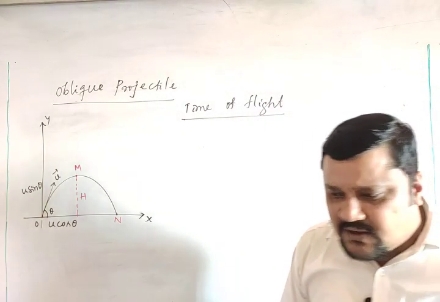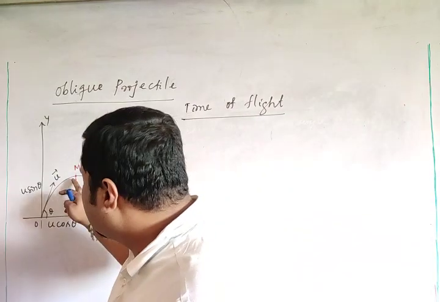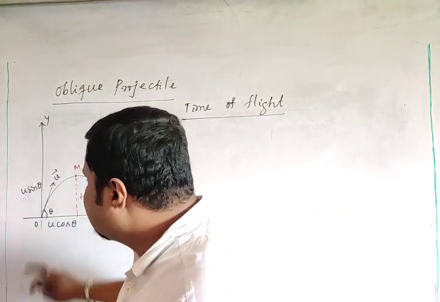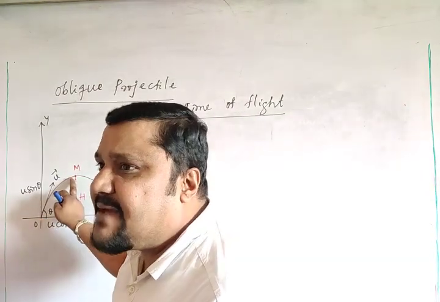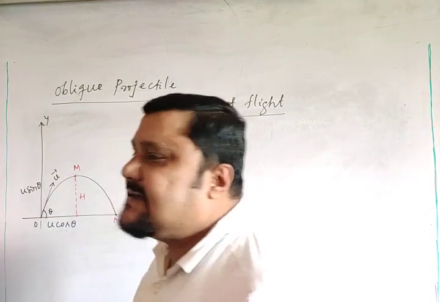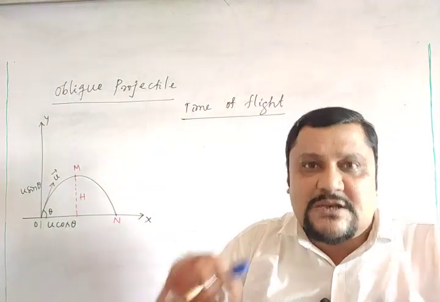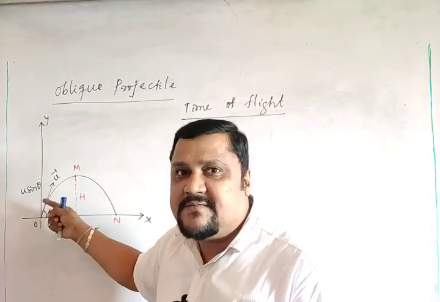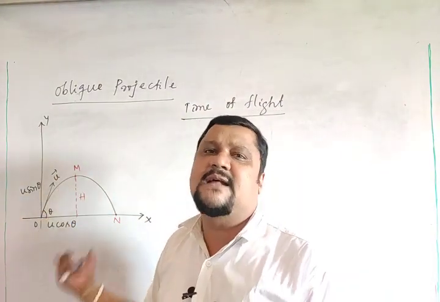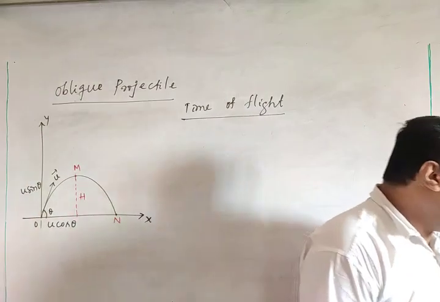Why? Because O to M is the time of ascent, and M to N is the time of descent. This is symmetric, so time of ascent equals time of descent. So it is 2 times the time of ascent or 2 times the time of descent.